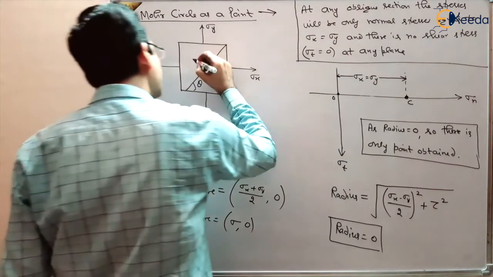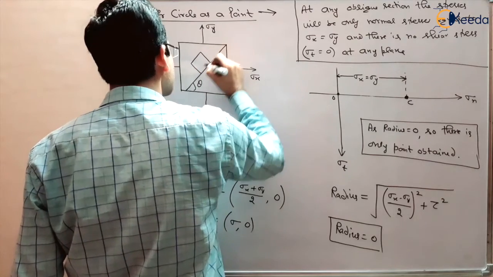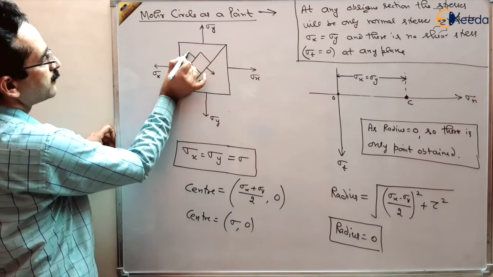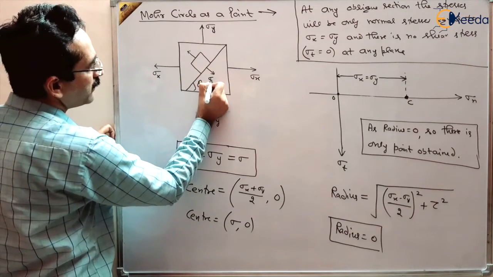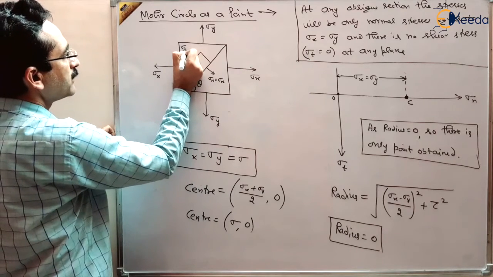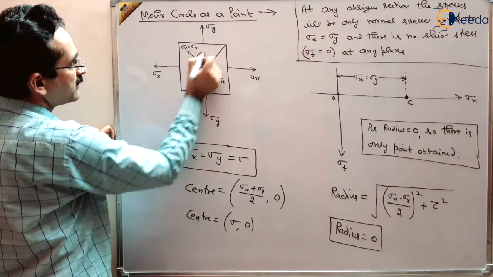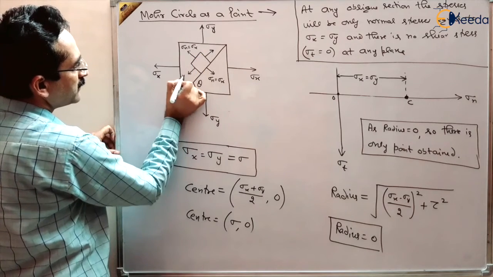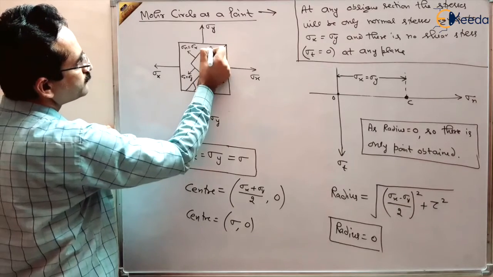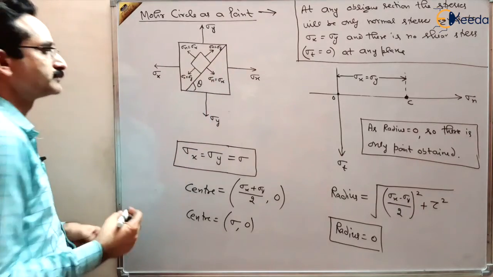So if we show the stress condition on this angle, we will get only normal stresses, sigma n, which is equal to sigma x or sigma y. Sigma n equal to sigma x, and also in this stress condition, sigma n again equal to, suppose, sigma y, and there is no shear stress on this element.